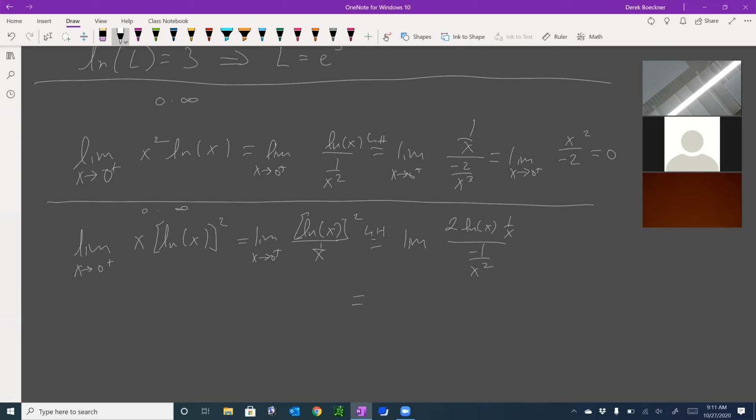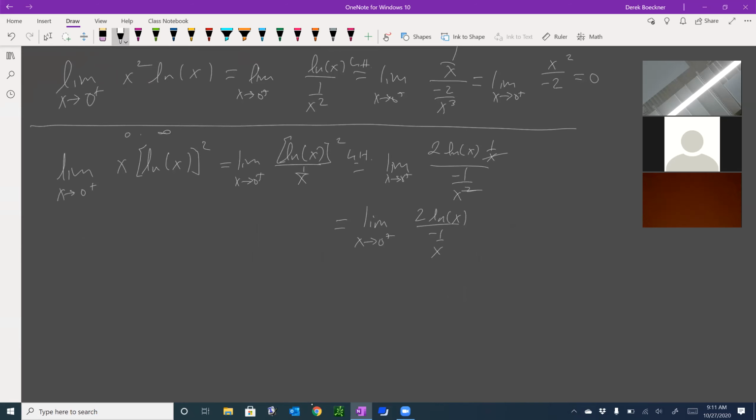So this is the limit. Do some arithmetic. One of these cancels with that. So I've got 2 ln of x over minus 1 over x now. We all good with that? Okay.